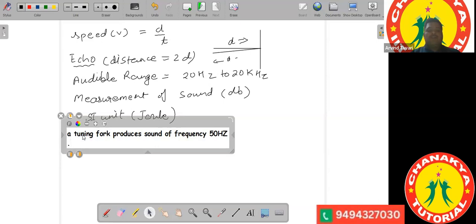Find the wavelength of sound. Okay, do this question.